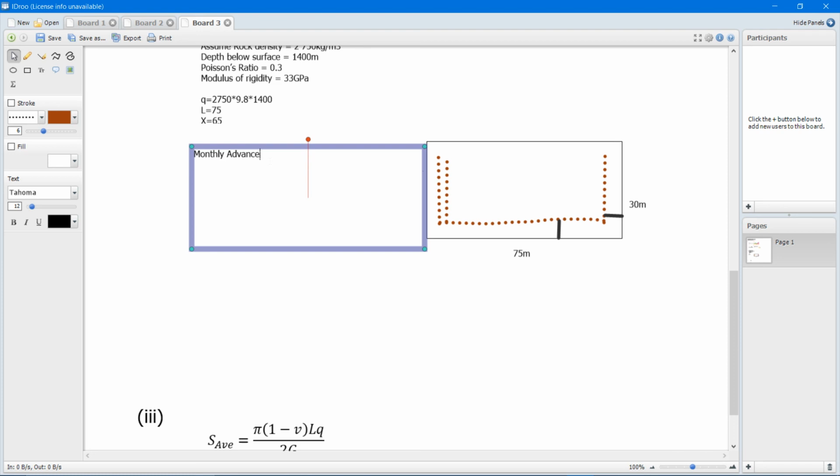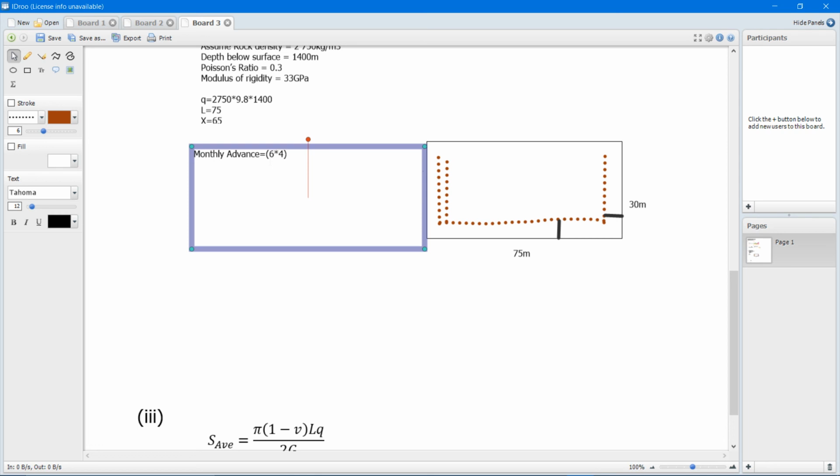So we are calculating monthly advance. Remember, we have 6 days of blasting within the week, and we are operating for 4 weeks within the month.